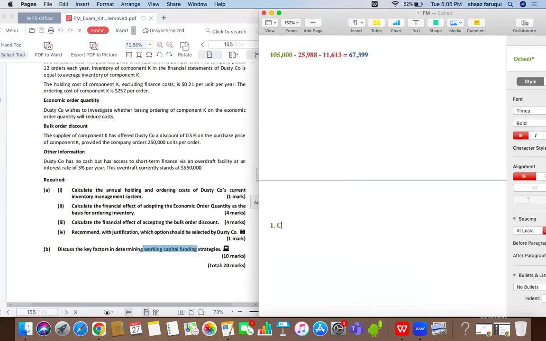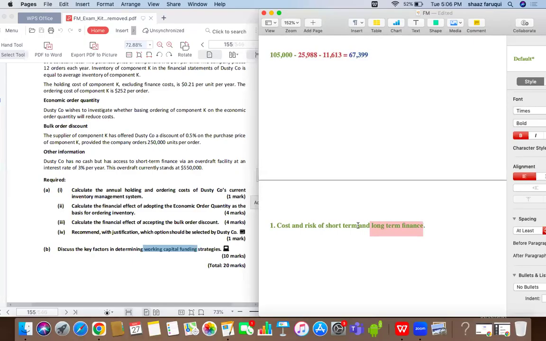There is cost and risk of short-term and long-term finance. As I told you, long-term finance is less risky from the company's point of view. Why is it less risky for the company borrowing? Because I have 5, 7, 8, 10 years to repay the loan, unlike short-term working capital funding.